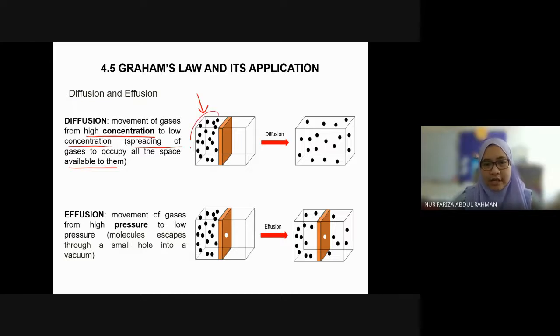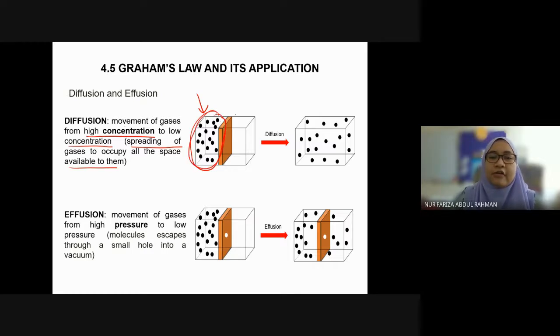So on this side, we have a high concentration of gas, meaning we have a lot of gas particles on this side.